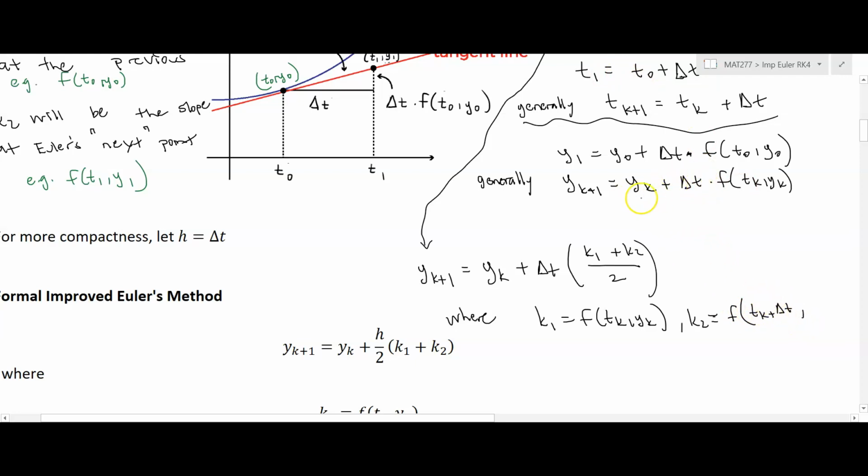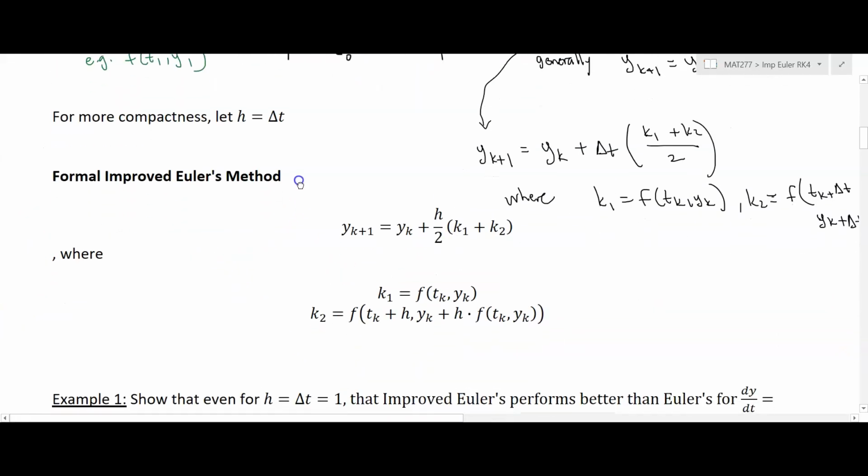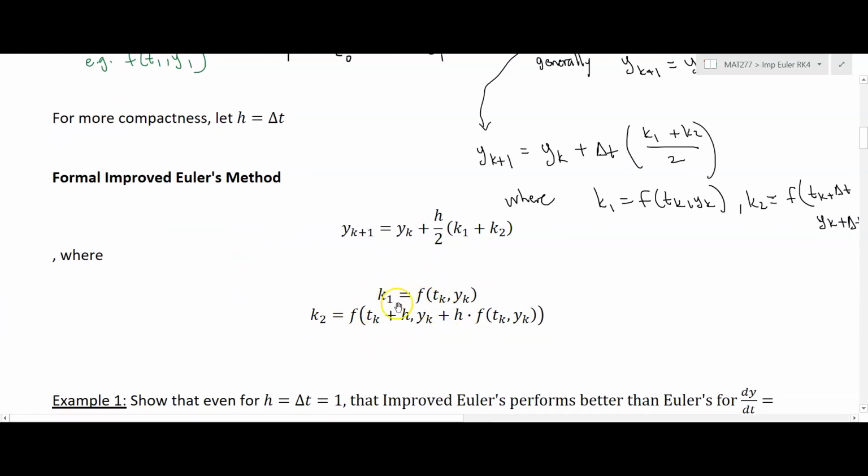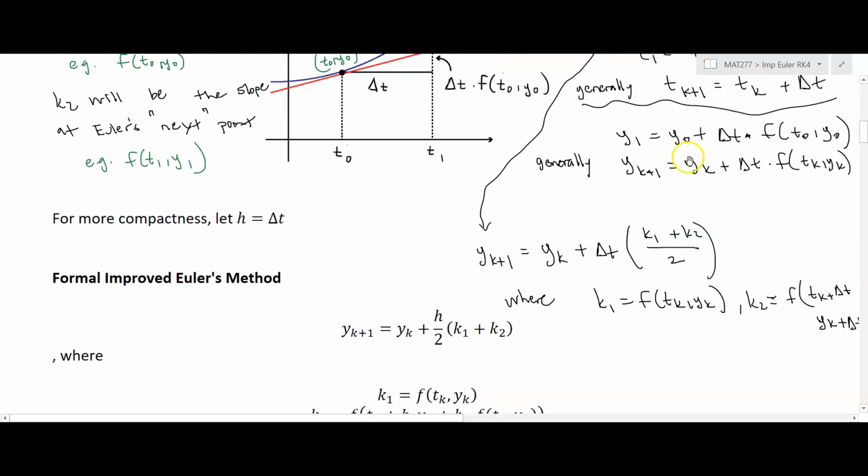Y sub k plus 1 is y sub k plus delta t times f of tk, yk. Okay, that seems like a lot, but here we have that summarized of what we just did. And you'll notice this is exactly the same thing that we derived here.